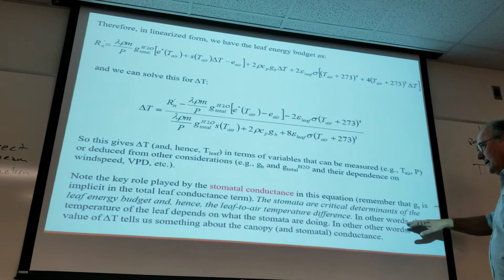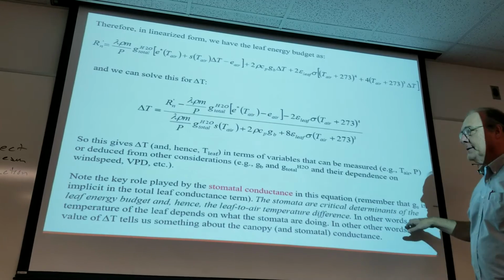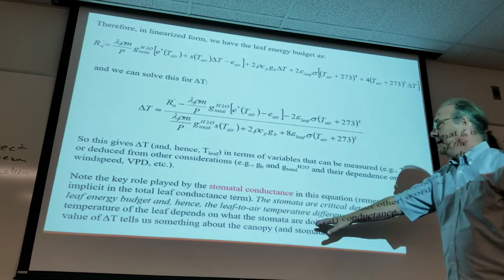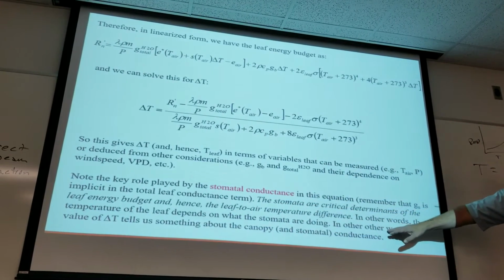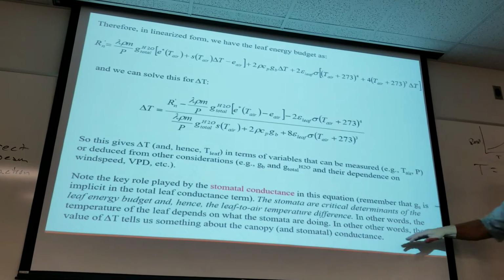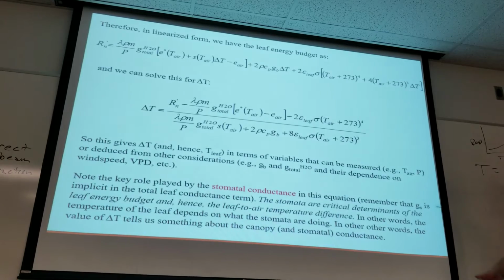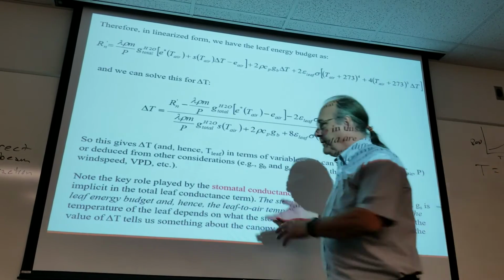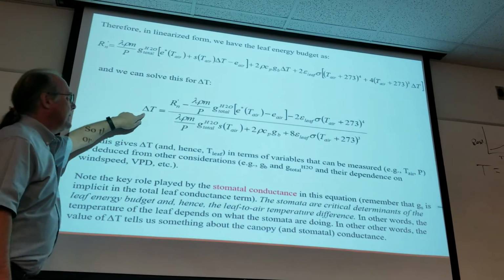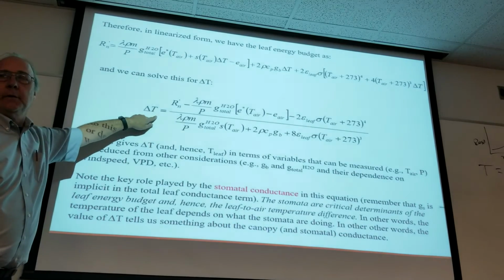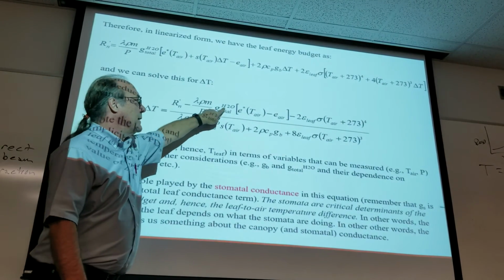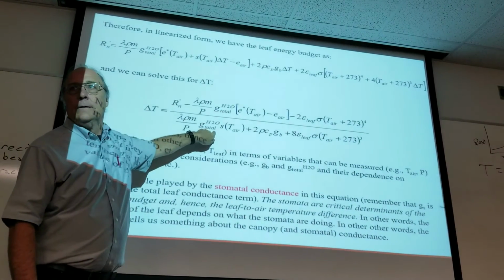Stomata are, how do I say it? Stomata are critical determinants of the leaf energy budget, and hence the leaf to air temperature difference. In other words, the temperature of the leaf depends on what the stomata are doing. Or another way to look at it is the value of delta T can be used to infer something about the stomatal conductance.